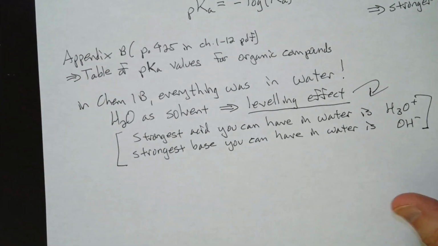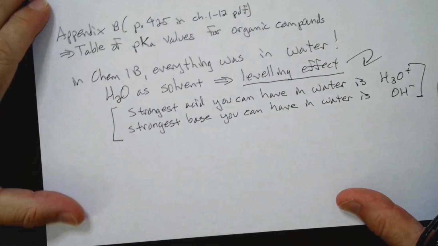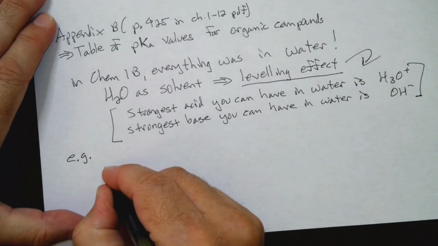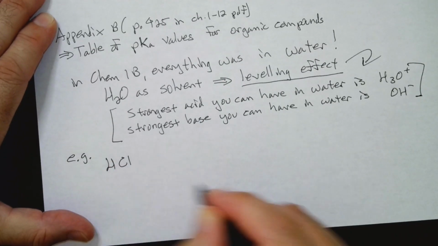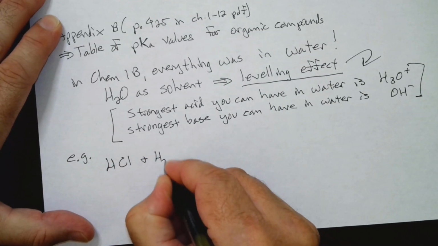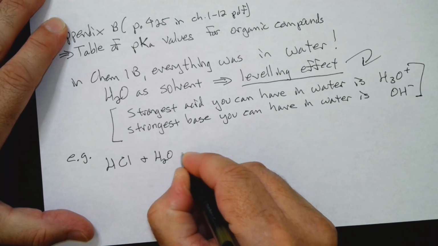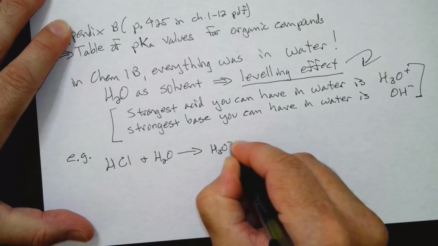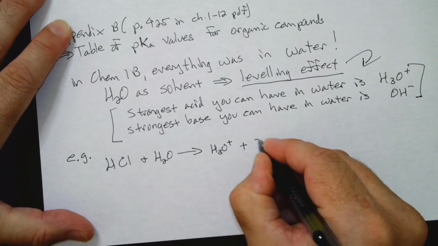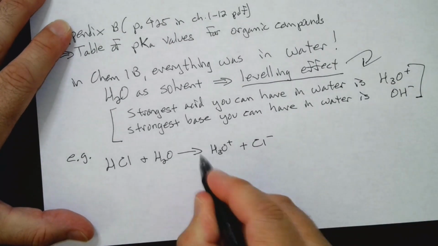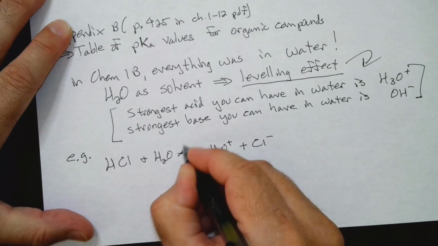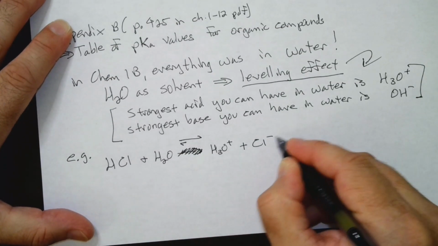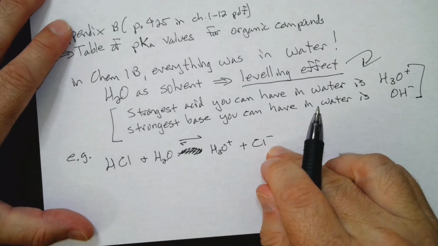Let me write out some equations just to show that. So, for example, HCl plus H2O gives H3O+ and Cl−. And I drew this as a one arrow, but really it is an equilibrium, but the equilibrium is way over here. Okay, it's way over on the product side.